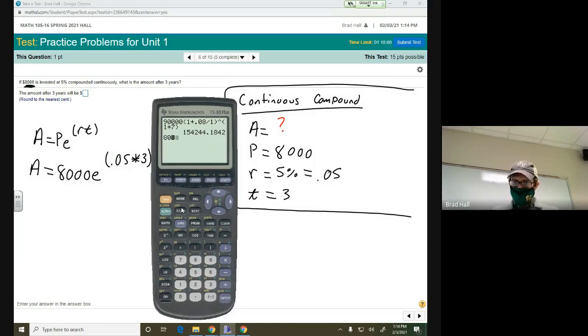So 8,000. I'll make sure I put all the zeros. And then E, we talked about this in class, it's second, and then there's the ln button. On top of the ln button, that'll let you use E. 0.05 times 3.